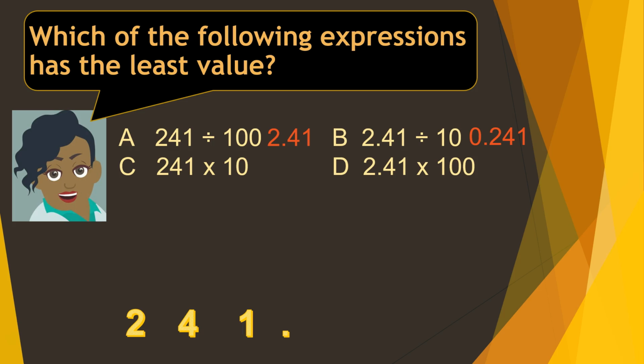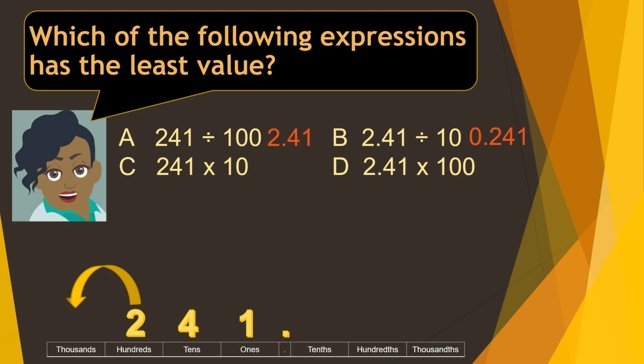Answer choice C. 241 times 10. This means that all the digits move one place to the left. And the value is 2,410.